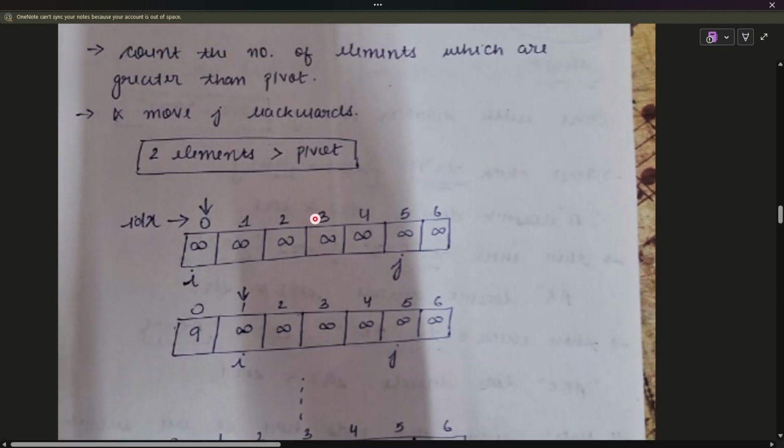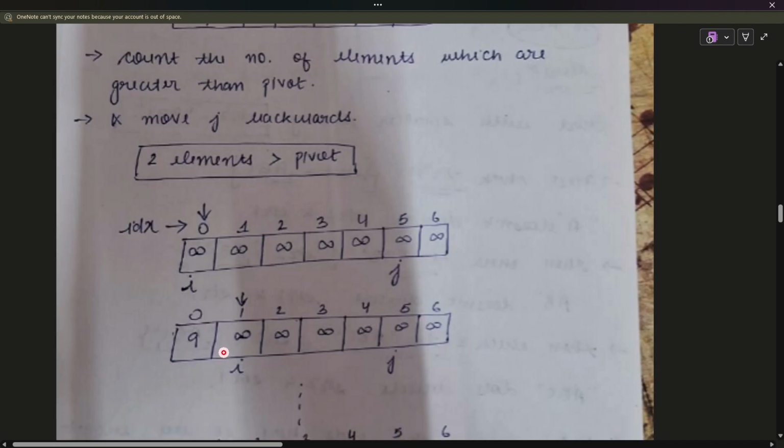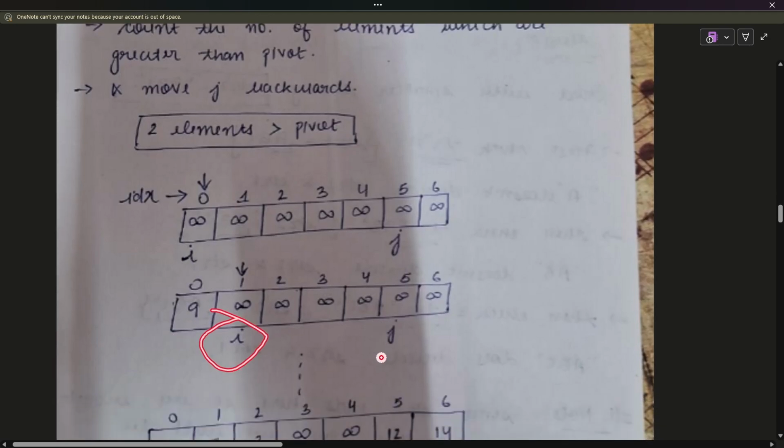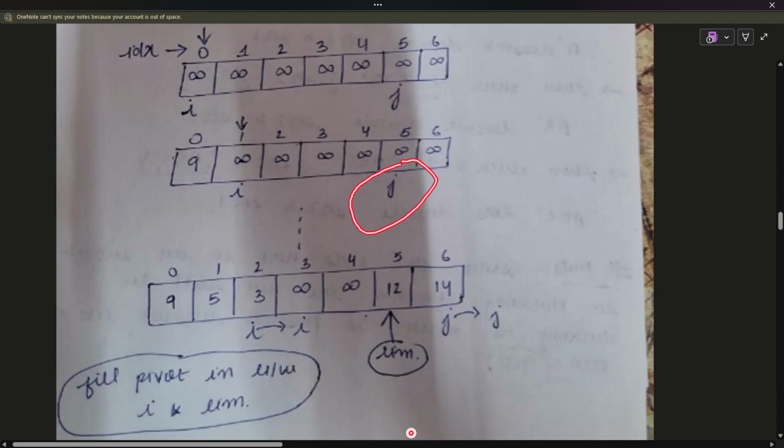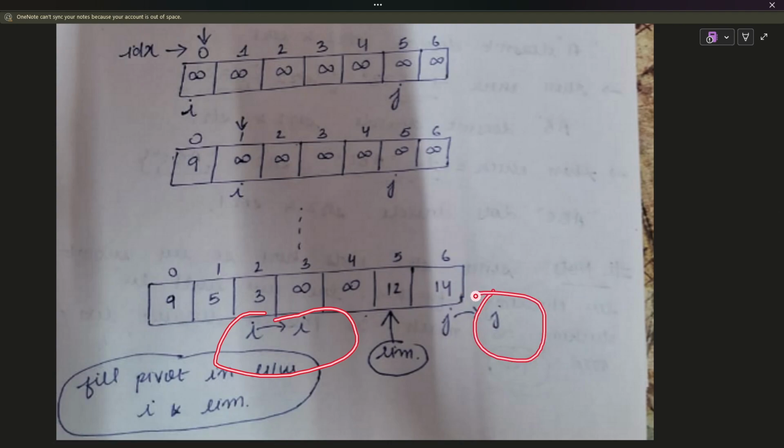Okay, so as we can see, when the first element comes, 9, i moves forward, and if a greater element comes, j moves backward. So i will come here and j will come here. The space which is remaining between them will be filled with the pivot.